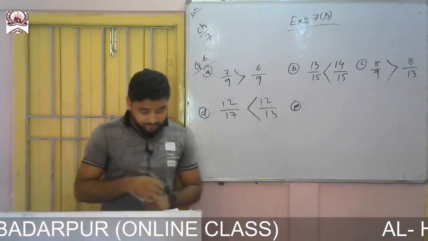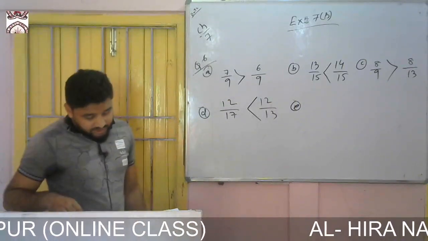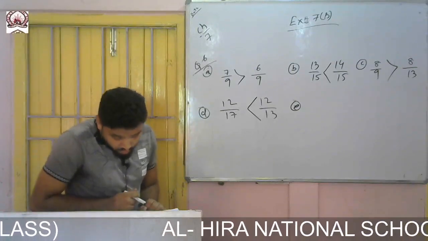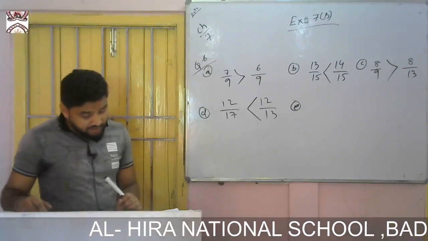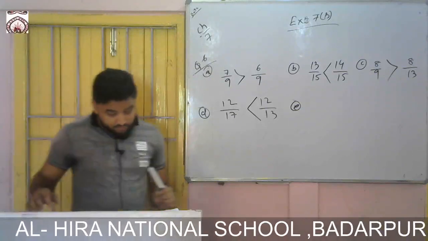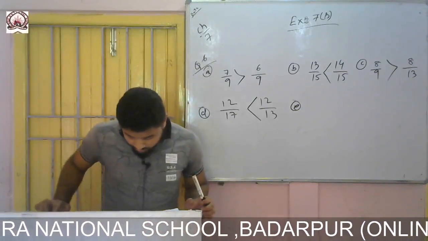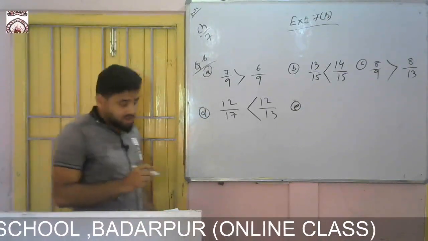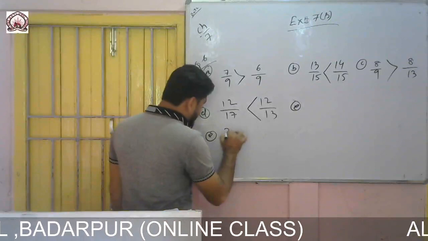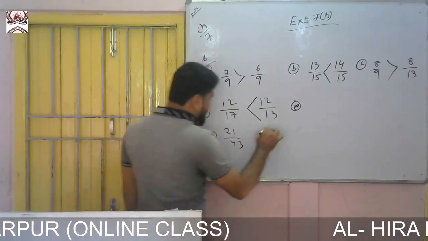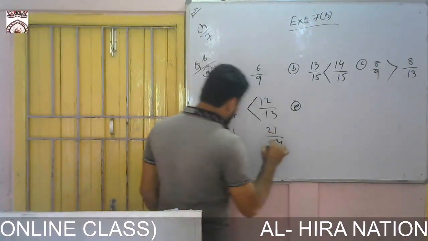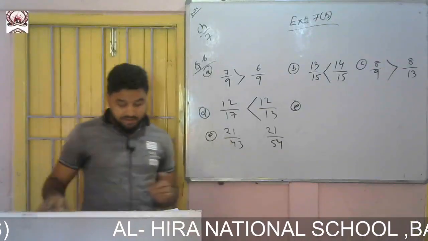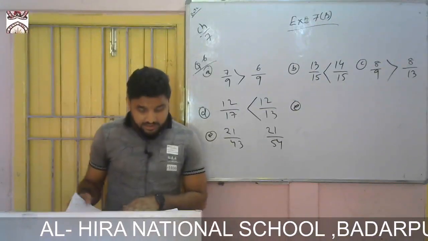Now come to E. So E, what is there? 21 by 43 and 21 by 54. Which one is greater? Obviously, 21 by 43 is greater because its denominator is smaller.